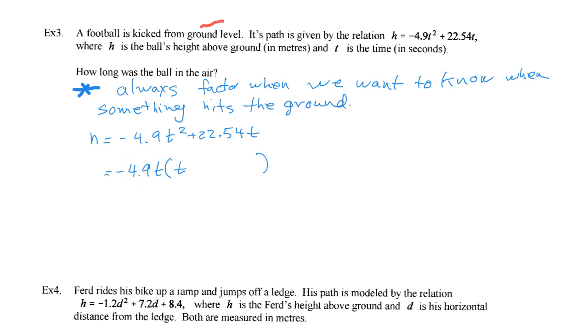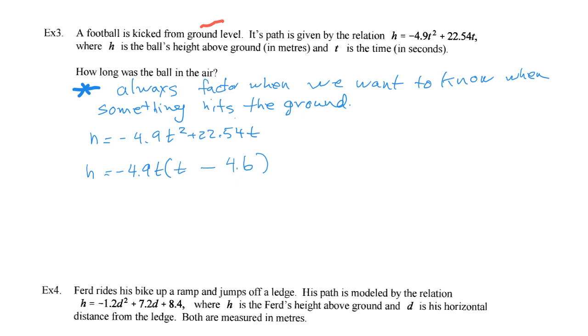In doing so, 22.54 divided by 4.9 is 4.6. Now, here's the trick. We have a positive divided by a negative, which makes this a negative. So it's -4.6.